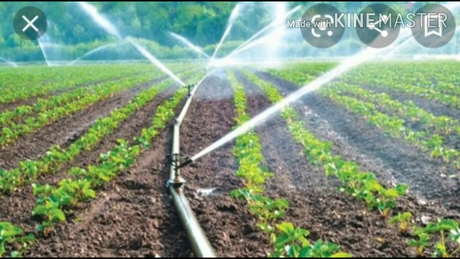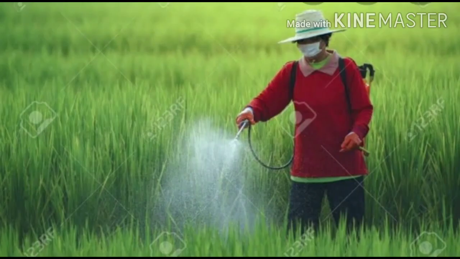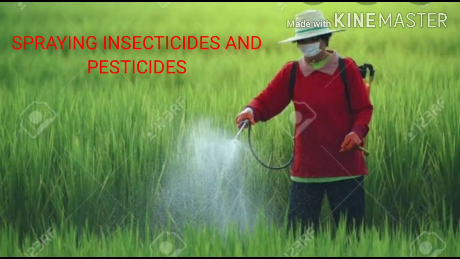The process of watering the crops regularly is called irrigation. Insects and pests can damage the crops, so they also spray insecticides and pesticides to keep away insects, pests, etc.